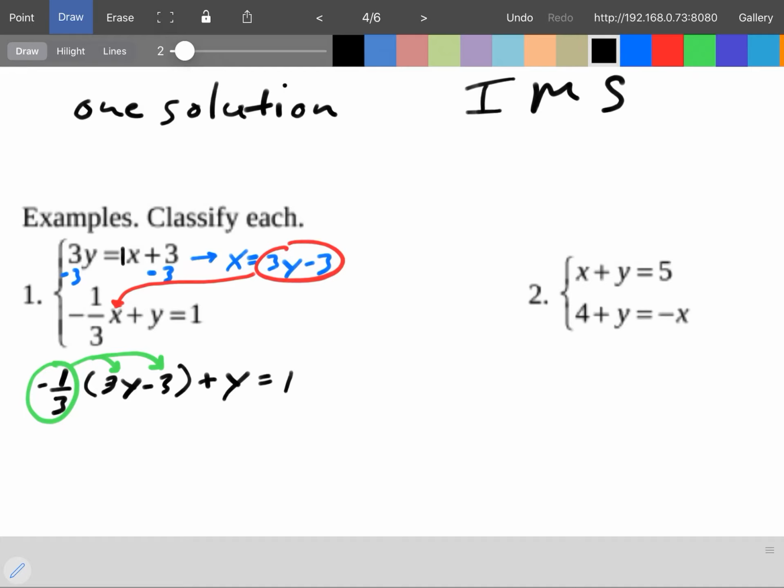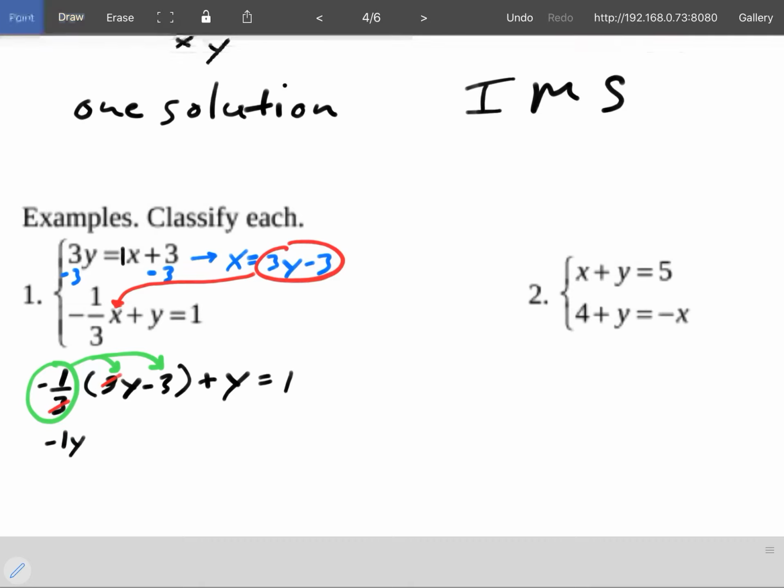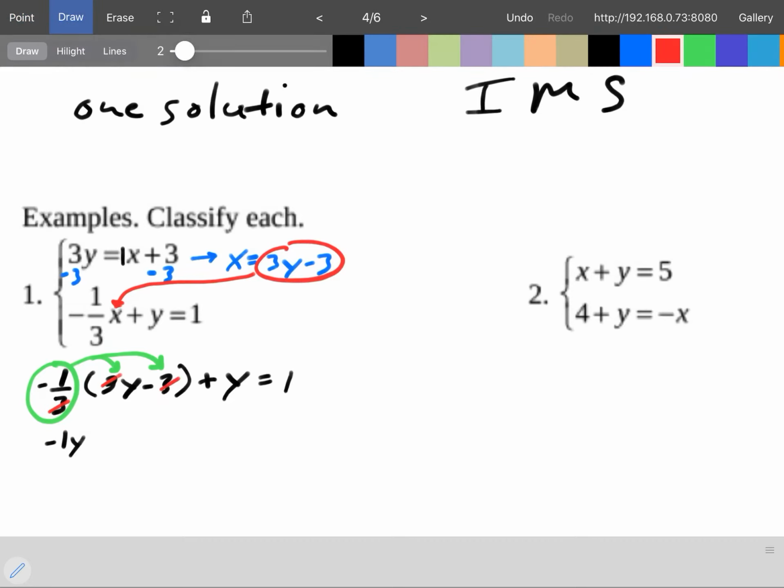So negative 1/3 times 3y, well, the 3's are going to cancel, and I'm just going to get negative y, or negative 1y. Negative 1/3 times 3 is negative 1. And then don't forget to distribute the negative 1/3 onto this 3. Again, those 3's are just going to cancel. So that's a negative 1/3 times a negative 3.